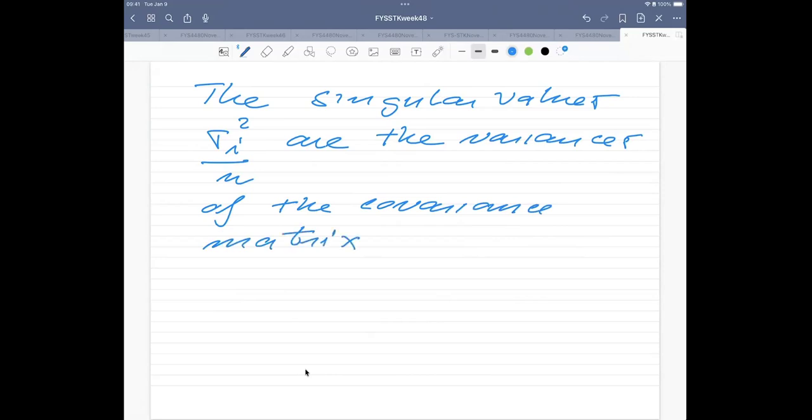So the singular values, which are the eigenvalues, are the covariances.